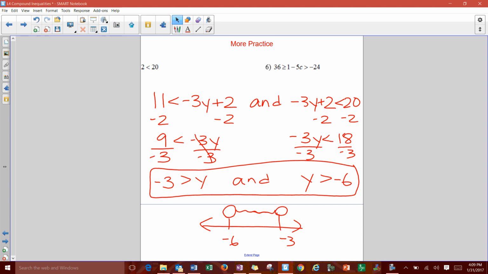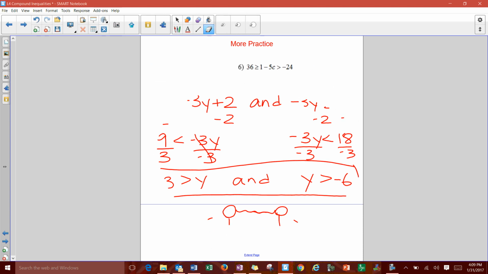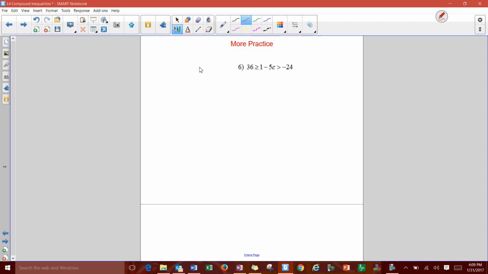Let's look at number 6 now. Let me erase this. I'm going to look at number 6. And instead of dividing it up into 2 inequalities, I'm going to think of this as having 3 different sides like we did before. So to get the c by itself in the middle, I have to subtract 1 first. And that would cancel out, but I got to subtract 1 from each part.